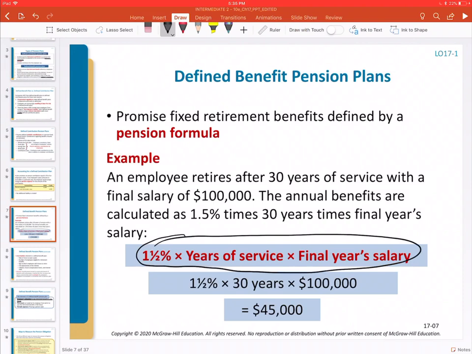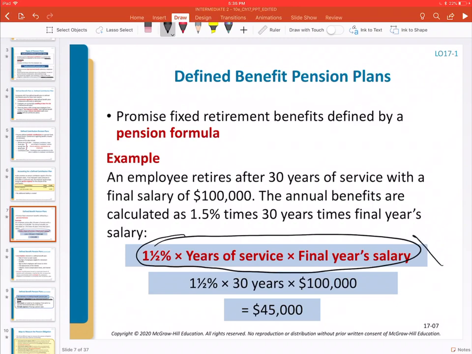This is a formula that would be outlined in an employee contract, stating how the retirement benefit is going to be calculated. In this example, the employee would be entitled to receive a $45,000 annual retirement salary once they retire, given this formula.